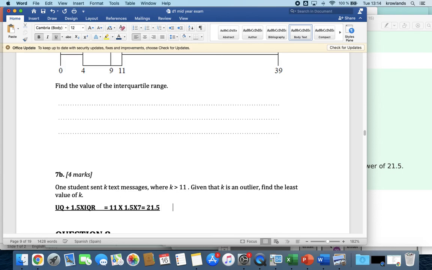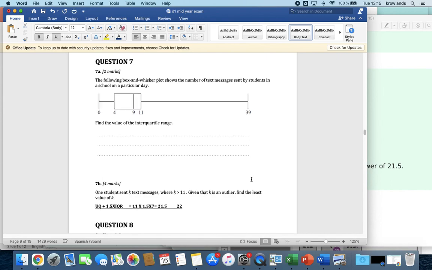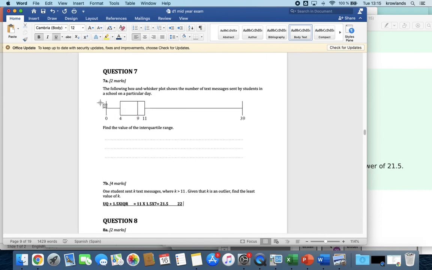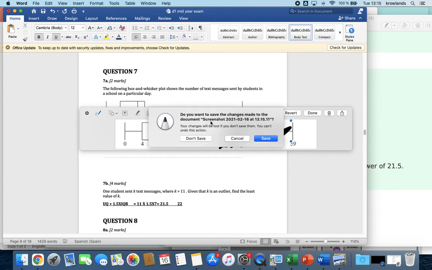So when we're looking at K, for it to be an outlier, and if it's bigger than 11, it's got to be this number or bigger. Because we can't have part of a number, K at minimum is going to be 22. In terms of this diagram then, we're going to say that anything above 22 is an outlier. So anything in this section is an outlier. This is what we mean by this question.